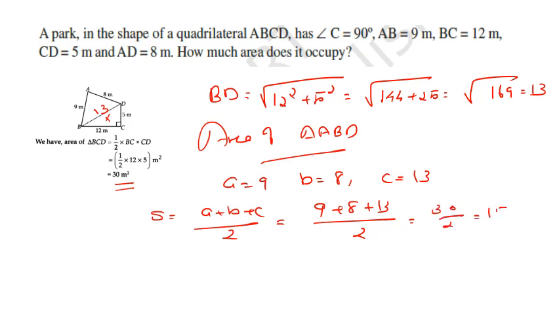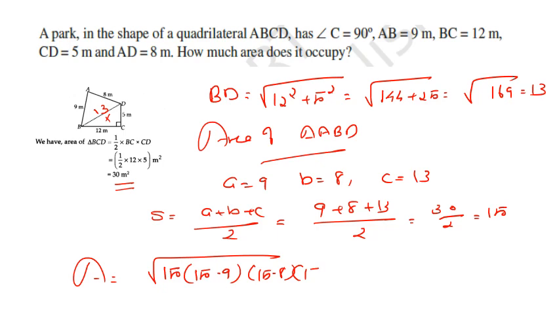Answer is what? 15. Therefore, area is equal to root of 15 into 15 minus 9 into 15 minus 8 into 15 minus 13. So this you have to simplify and you will get the answer. Try to find out the answer.